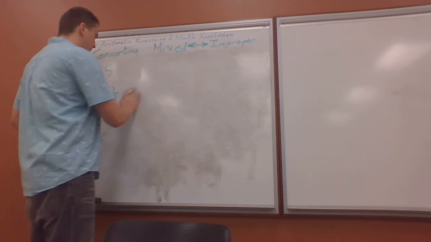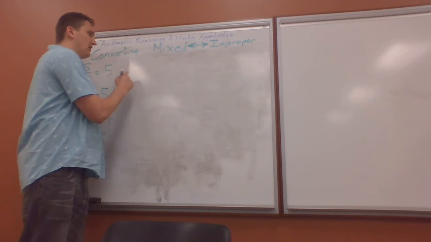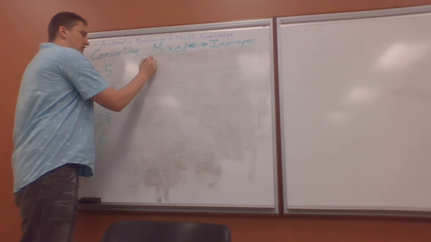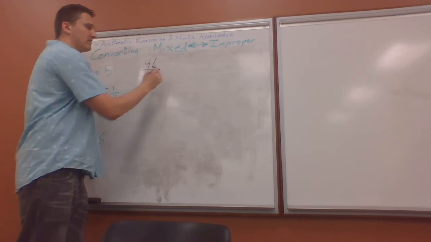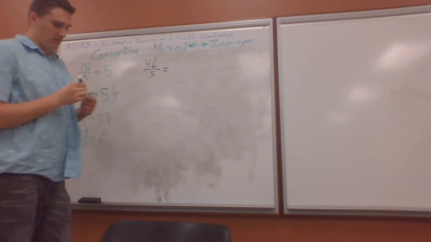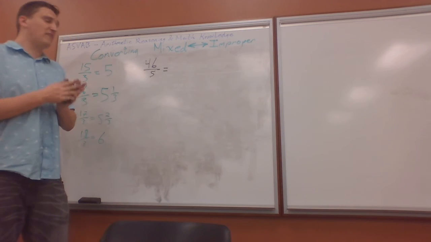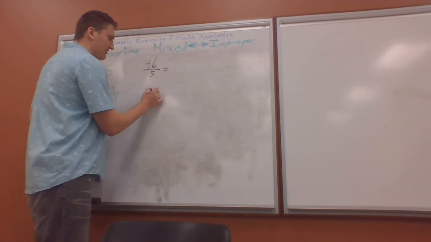So, let's do an example from scratch instead of building up like that. We'll do something kind of easy. We'll go 46 over 5. Now, if you know your 5 multiples pretty well, you know that 5 does go into 45. How many times does 5 go into 45?